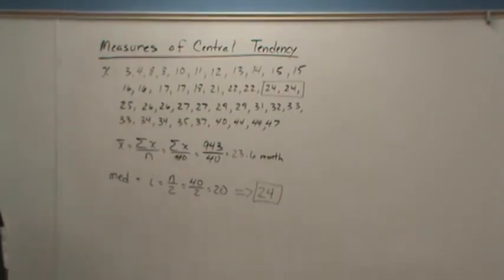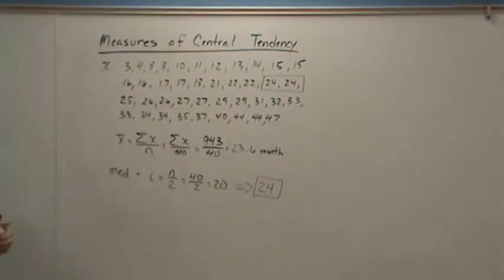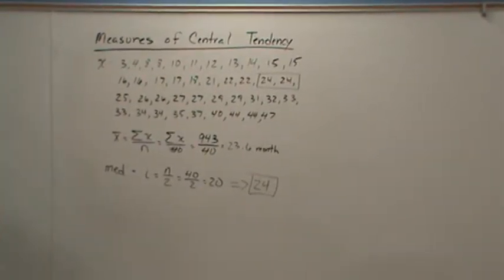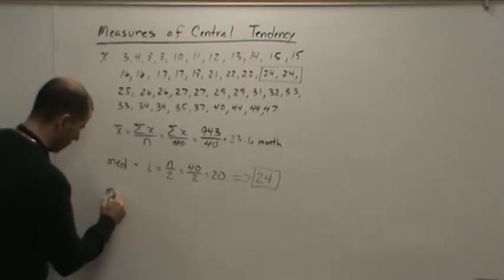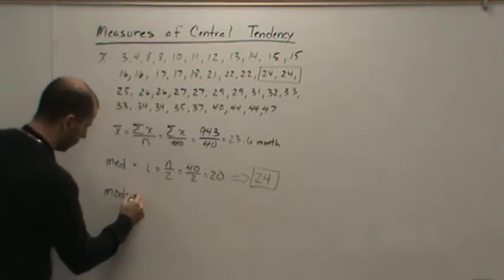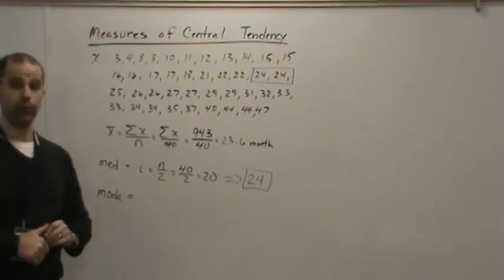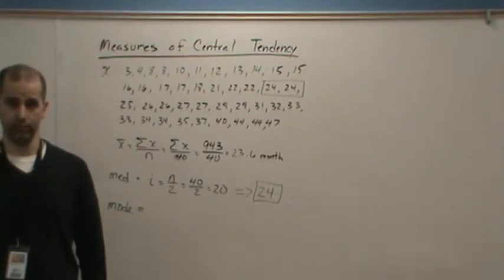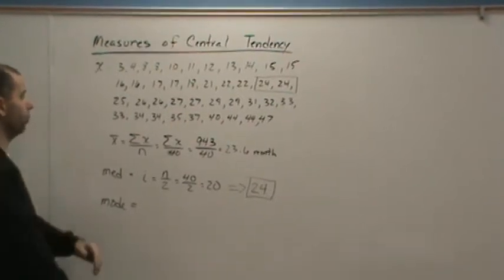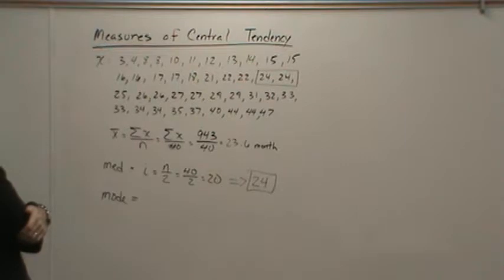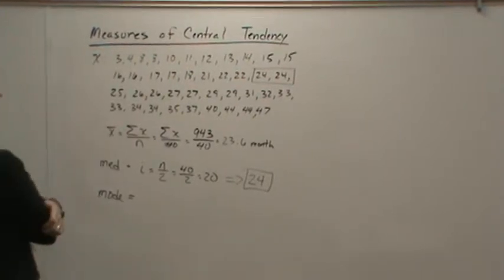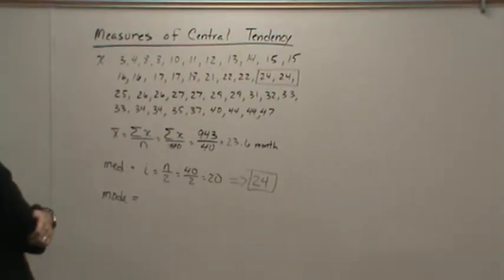Okay? Now the last thing is let's talk about mode. So mode is the most frequent observation. So all we have to do is look and see which number or numbers happen the most frequently.